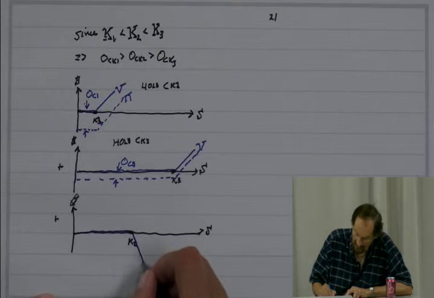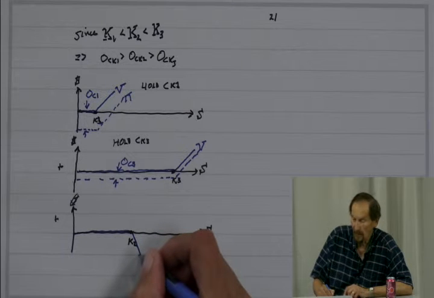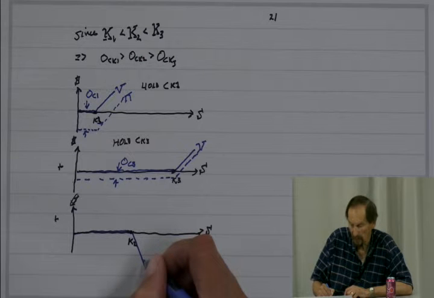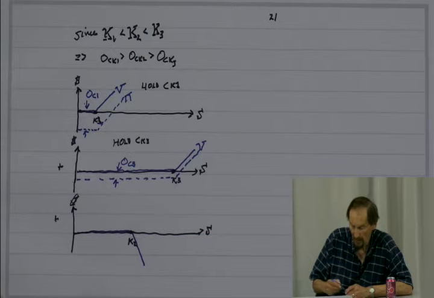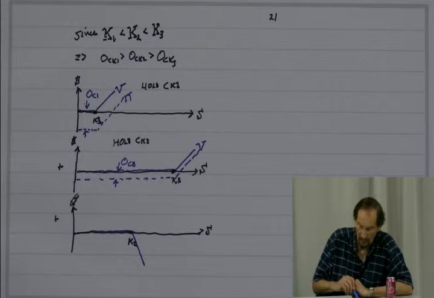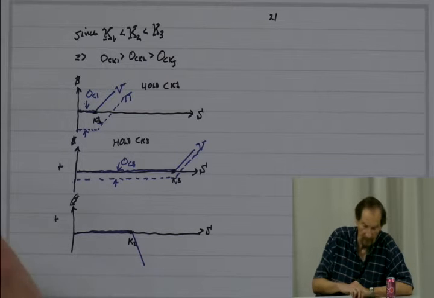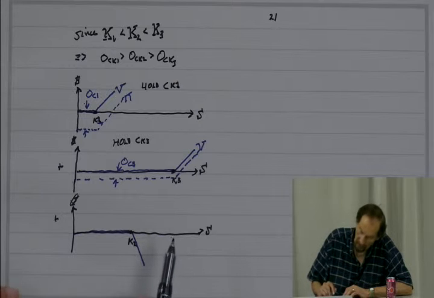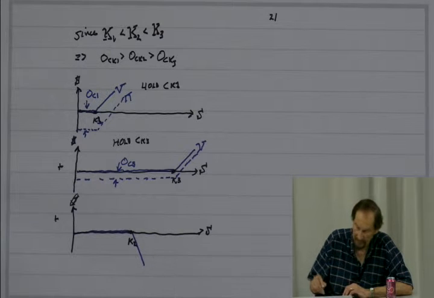Now this goes down 2 for every 1 horizontal, because we're writing 2 calls at K2. So notice this is not 45 degrees. This goes down 2 vertically for every 1 horizontally.